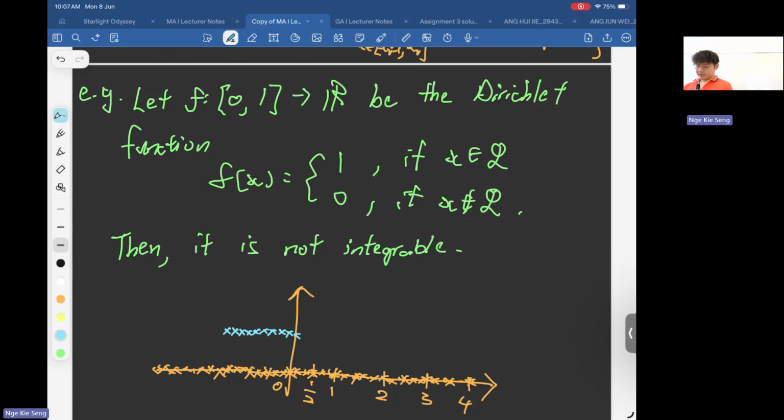No intersection, but if you look from far, it's almost two lines. If you look closely, this line should lie in between two 0s. So maybe you can ask yourself, does the area under the graph exist or not?